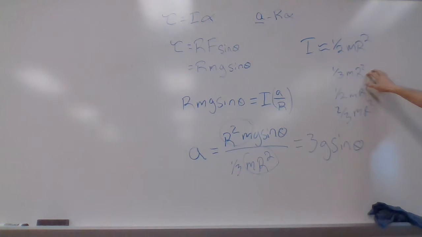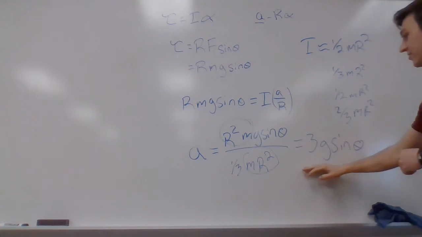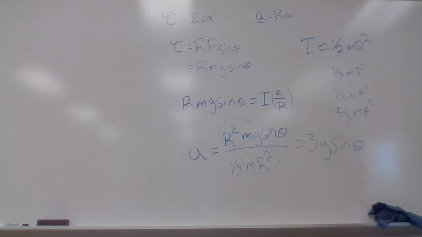So you see that the smaller the inertia is, the larger the acceleration, which in turn predicts which disk is going to reach the bottom of the incline first.